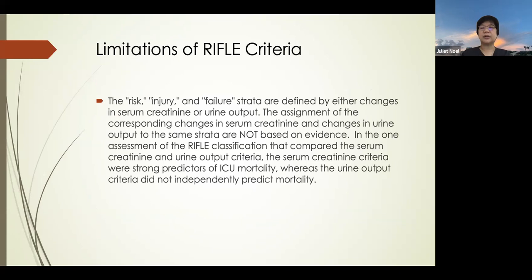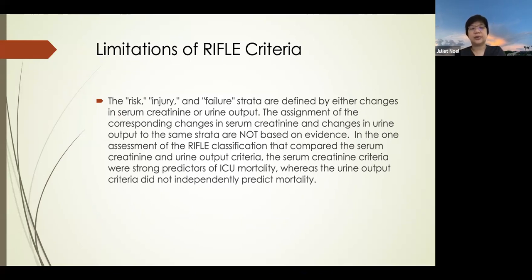The limitation of the RIFLE criteria: the risk, injury, and failure strata are defined by either changes in serum creatinine or urine output. Unfortunately, sometimes we don't have the baseline creatinine, and the corresponding changes in serum creatinine are not based on evidence.